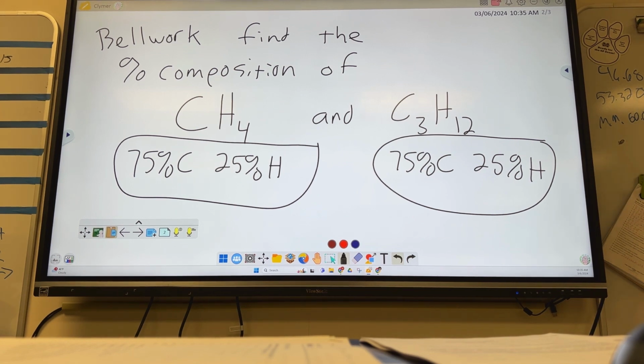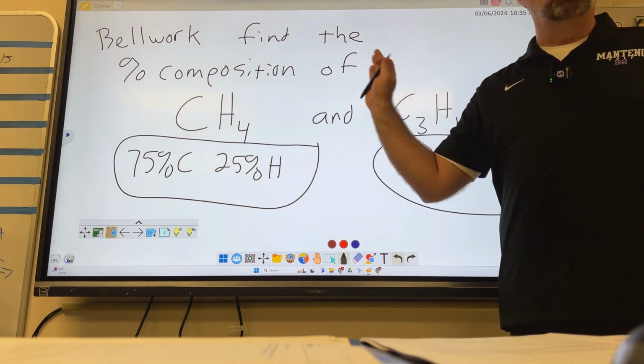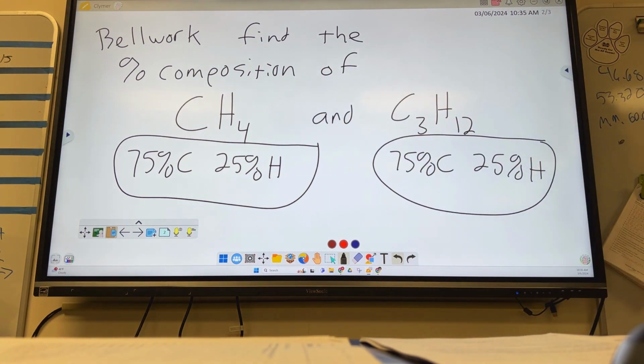Empirical formula was going backwards. Forwards we learned last week. Yesterday we learned to go backwards from a percent to an empirical formula. But there would be no way to identify which actual compound we're talking about here.